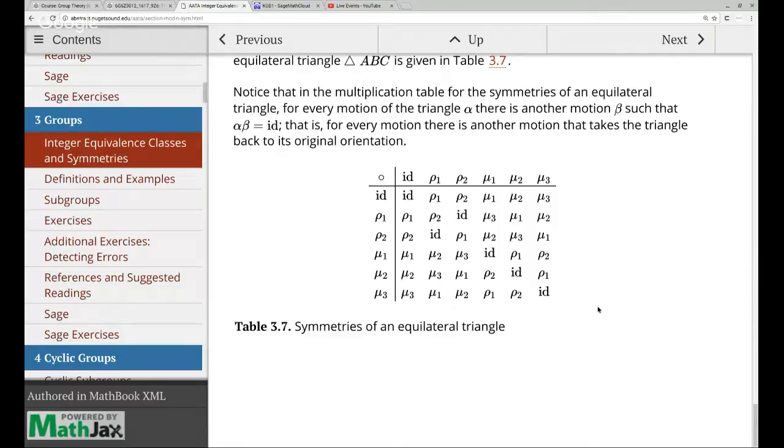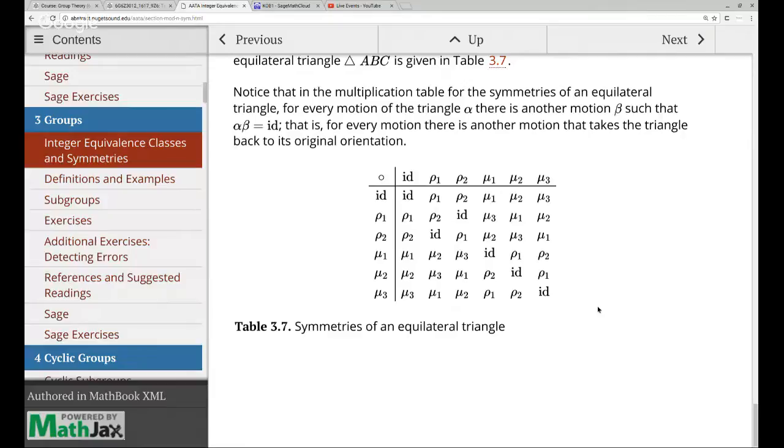For the very same reasons as before, looking at the rectangle, this system does satisfy all four of the group axioms. You see you've got identities along this diagonal here. All of the reflections are self-inverse: mu1 after mu1 is the identity, mu2 after mu2 is the identity. When you perform the same reflection twice, everything goes back. The identity is self-inverse, but the other two rotations are not self-inverse, but they're inverses of each other.